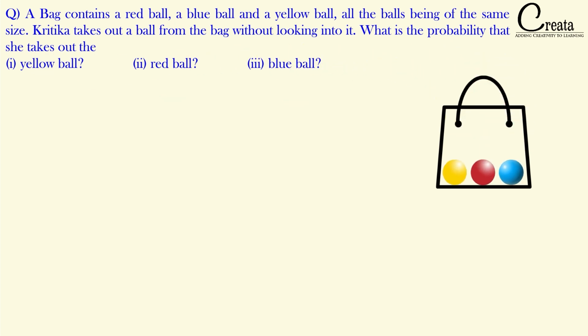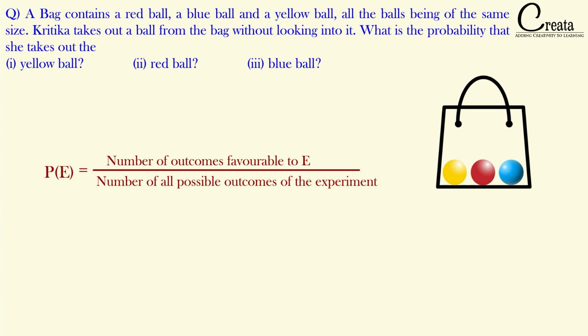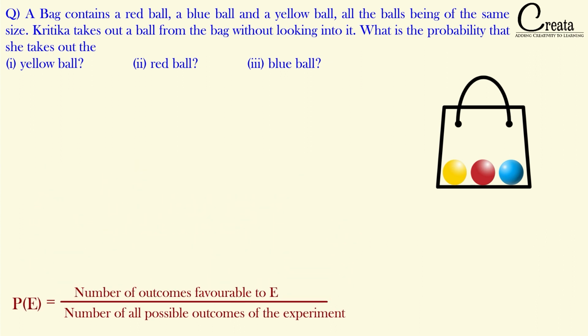Now let's take the formula of probability. This is the formula of probability. In the denominator, it is the number of all possible outcomes. Here, what are the various possible outcomes? Suppose Kritika puts her hand into the bag and takes out the yellow ball. So this is the first possibility. Yes, she can take the yellow ball out of the bag.